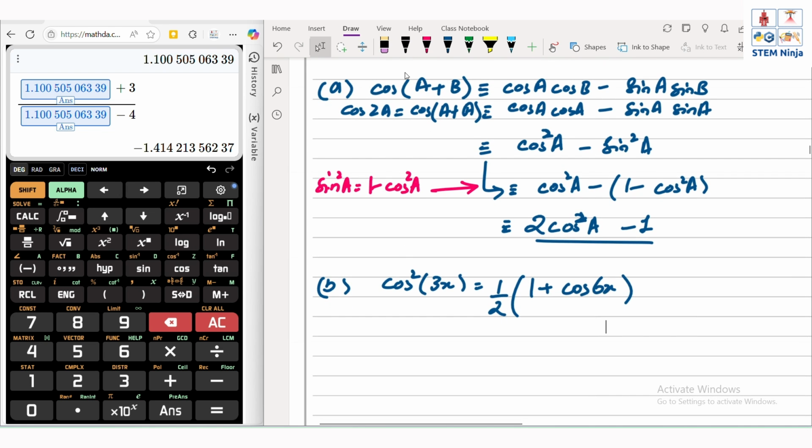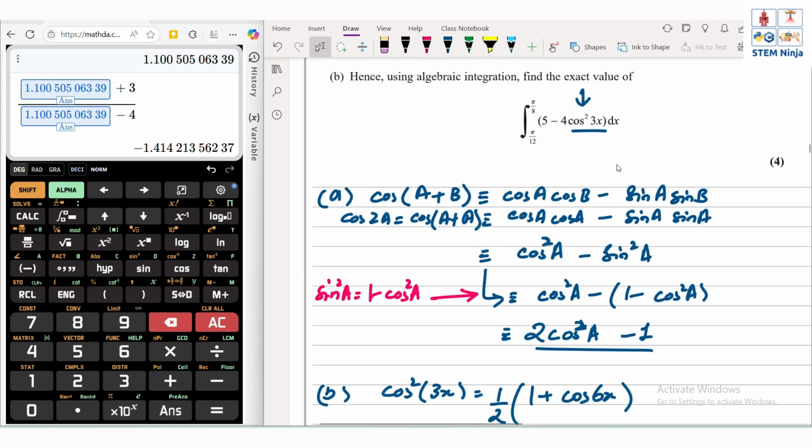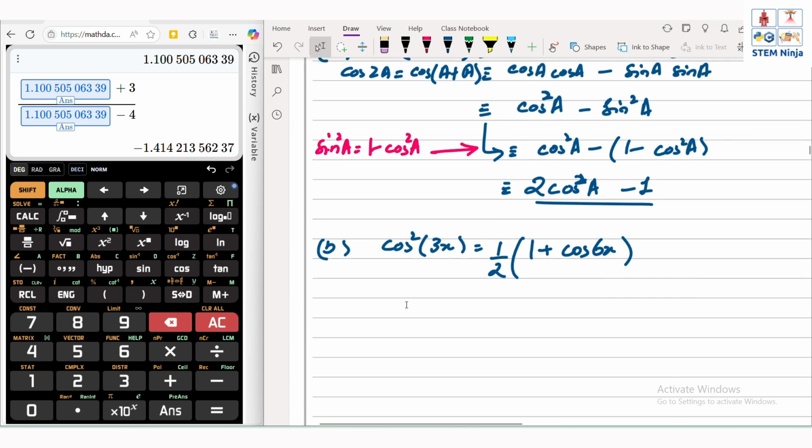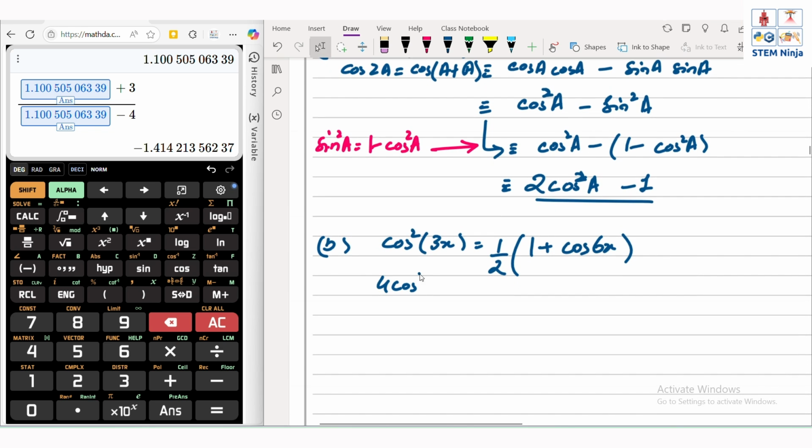So this means that 4 cos squared 3x would be 4 divided by 2, 2, plus 2 cos 6x.